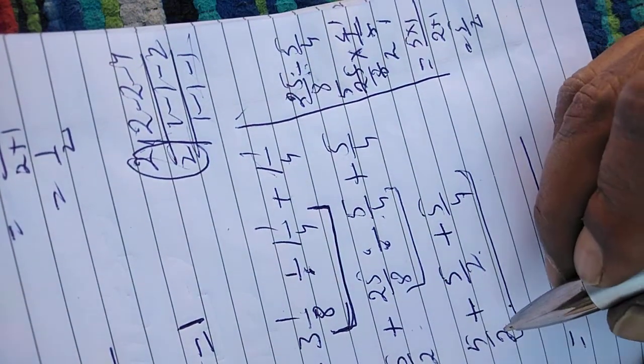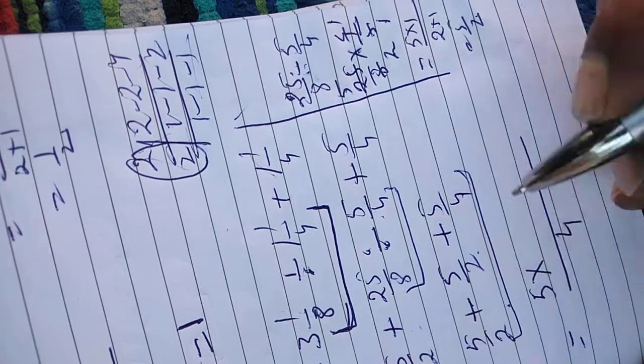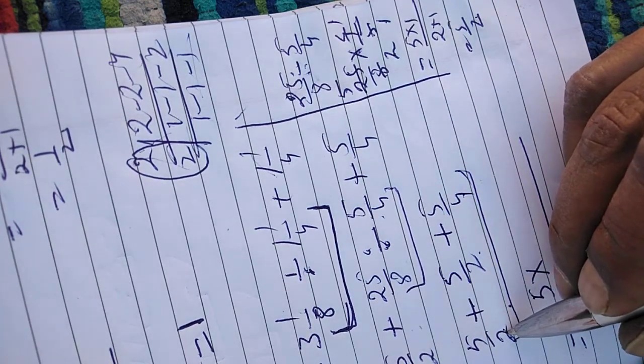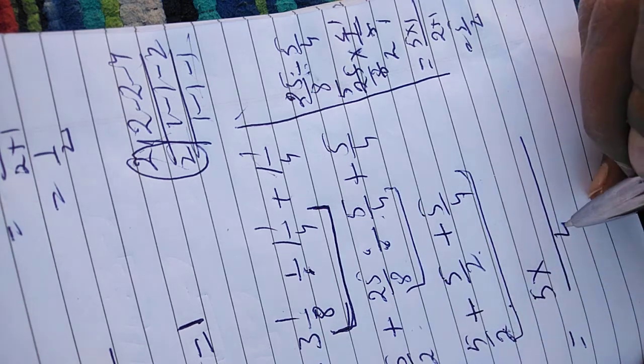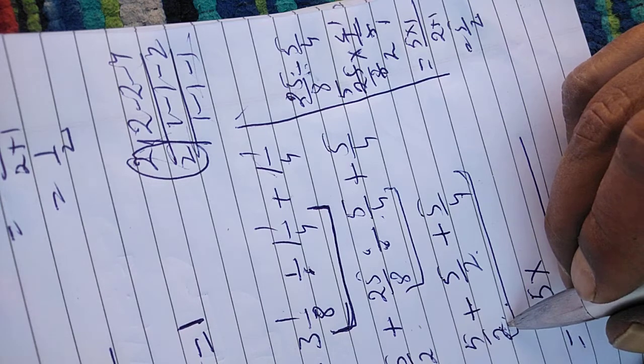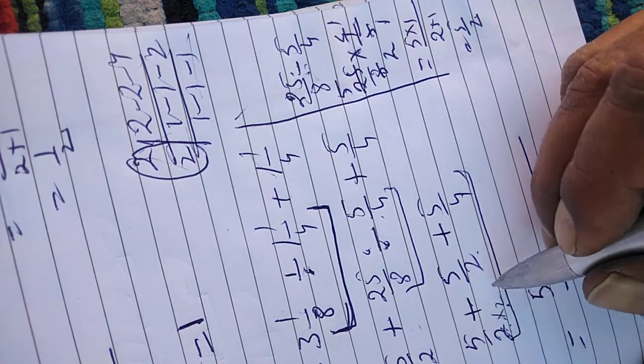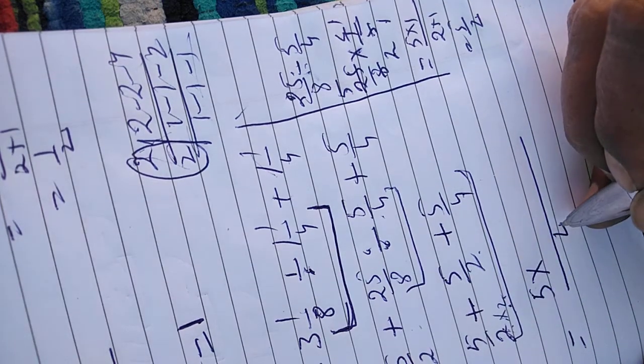Now numerator 5 multiply. Now recite the table of 2. When will this LCM 4 come? If you recite the table of 2, 2 2s are 4. If you multiply this 2 by 2, you will get this LCM 4.